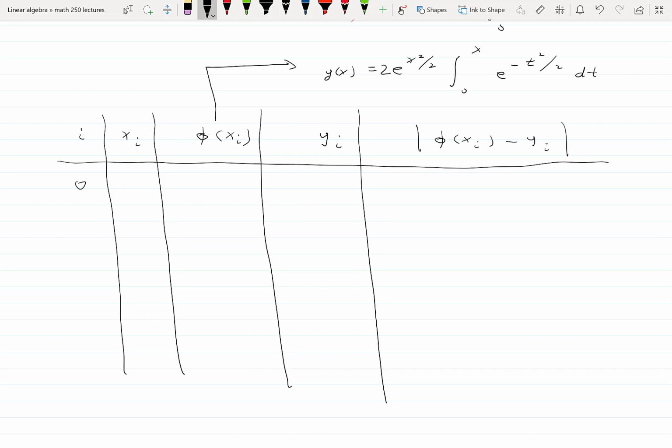So I'm going to have i equals 0, 1, 2, 3, and 4. x naught is 0. Then x1 is 0.1, x2 is 0.2.